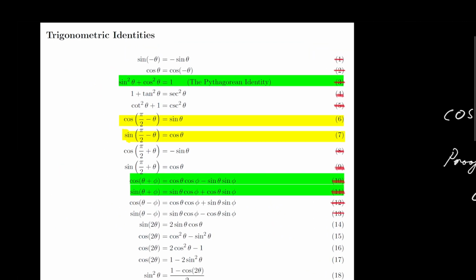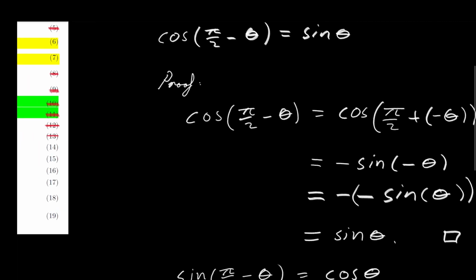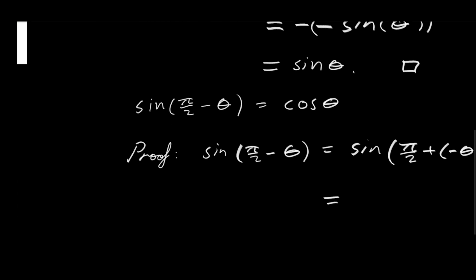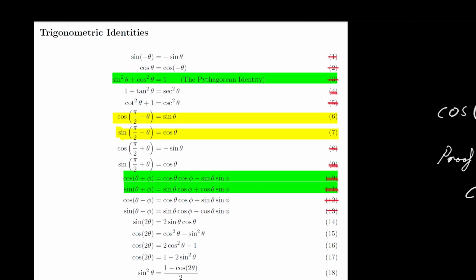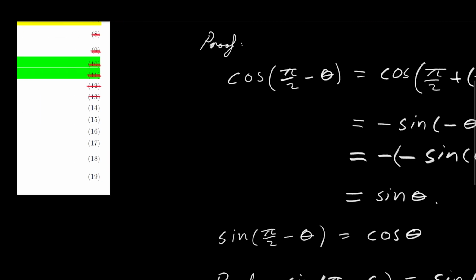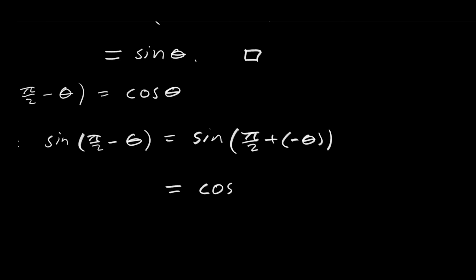Then we apply this coangle formula for sine, which says that the sine of pi over 2 plus some angle is just the cosine of that angle. Sorry, I think I said something wrong. Whatever I said, I meant to say that the sine of pi over 2 plus some angle is just the cosine of that angle. So this is just the cosine of negative theta.